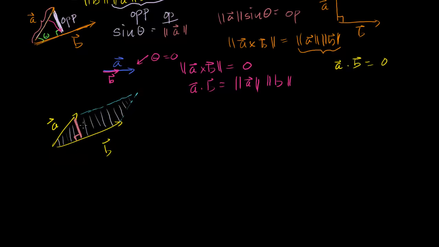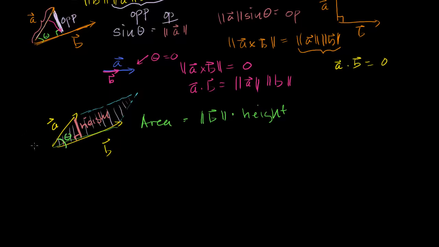If this is perpendicular and this length is h, for height, then the area of the parallelogram is just equal to the length of my base, which is just the length of vector B, times my height. But what is my height? Well, let me draw a little theta there. Let me do a green theta. It's more visible.